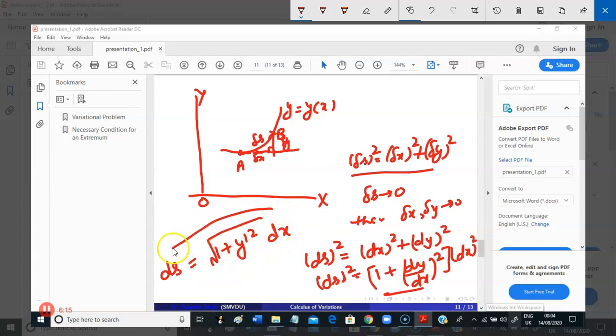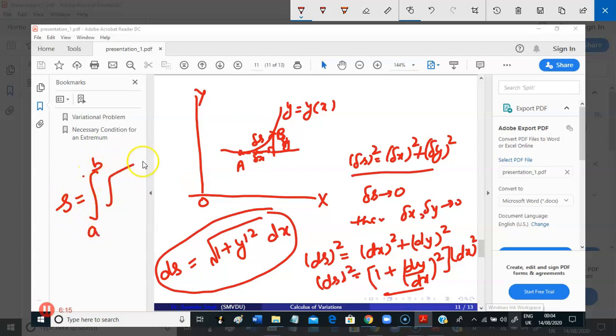So that is how you can find the length of small arc between this point to this. But if you are given the points fixed, and these can be at a very large distance, then the formula for the calculation of the arc length of a curve is integral from a to b of square root of 1 plus y dash square dx. So always remember.